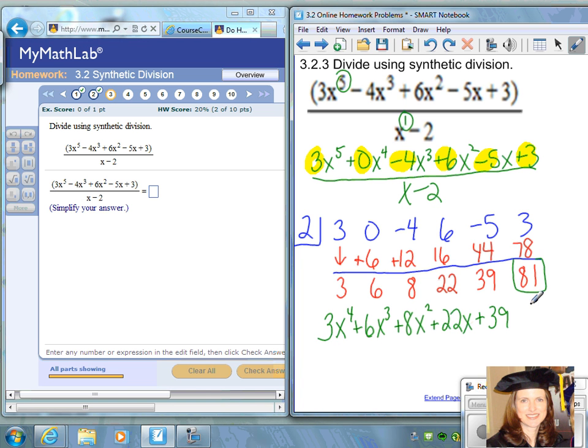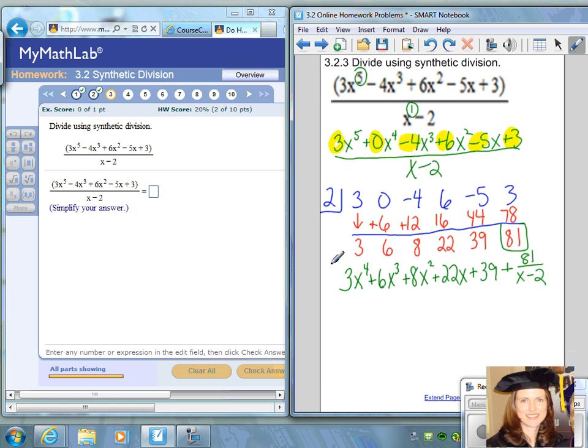Now the remainder, this is how you take care of the remainder. It's going to be plus 81 over what you divided by, x minus 2. So that would be our final answer, and we can check our work.